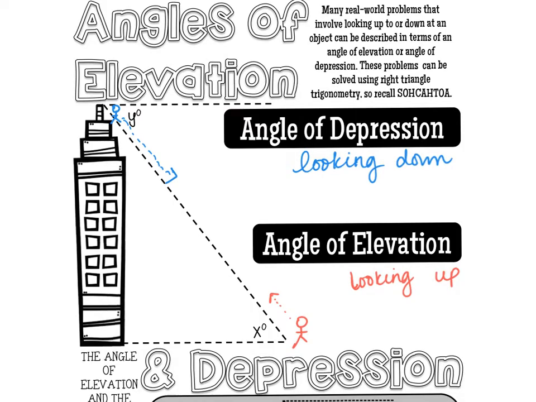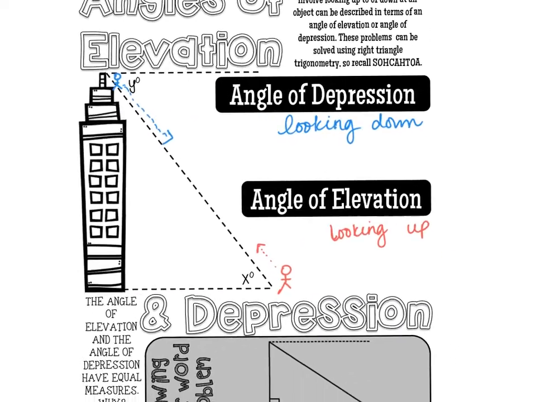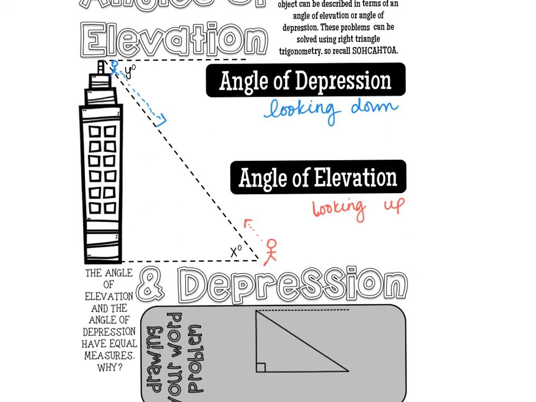You're looking down. And so what's kind of interesting about the angle of depression and the angle of elevation, they end up actually being equivalent. And so they're actually going to be congruent. And the question is, why? Well, if I have the ground, and I'll highlight it in green here, and I have a line of sight that's also horizontal, way above on this building, I have two lines that are parallel.